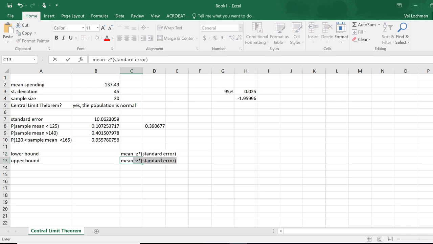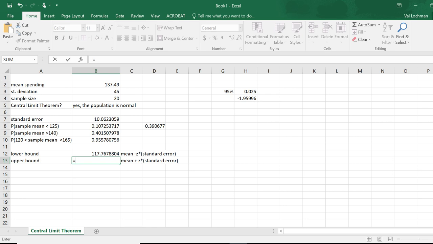Okay, and then here it's the mean plus z times the standard error. Okay, so what is our mean? Our mean is 137.49 minus 1.96. We're taking the positive z-value times the standard error. Okay, so that's that.